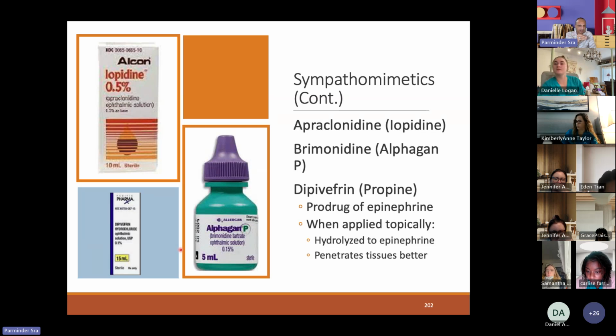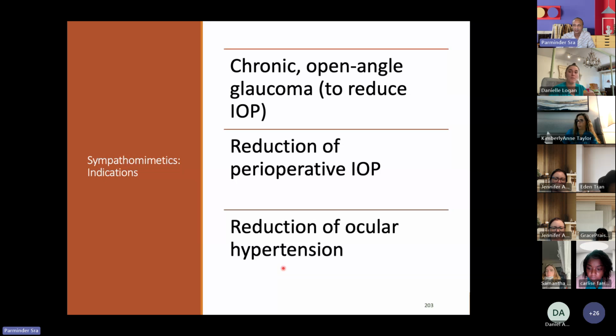So epinephrine, dipivefrin, these drugs increase, once again, the outflow. Same concept, it's just other additional drugs in here, same mechanism of action, nothing additional you need to look into.